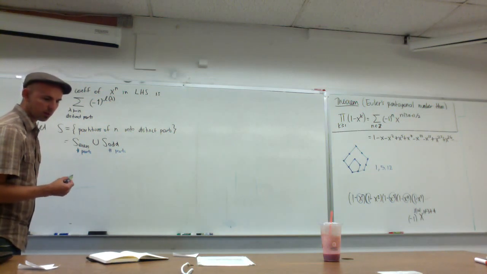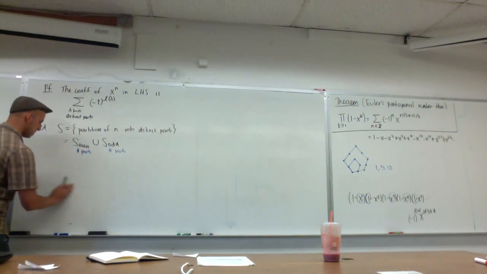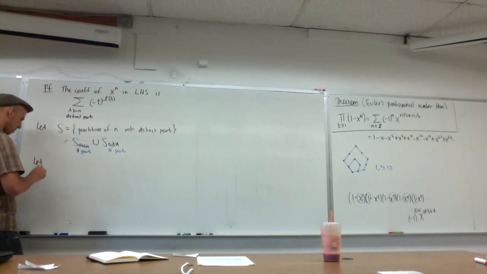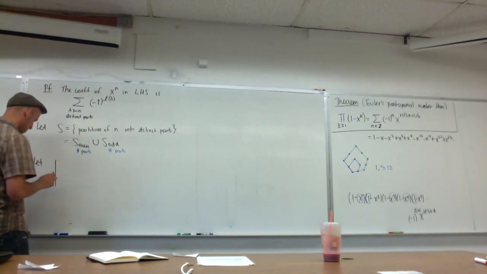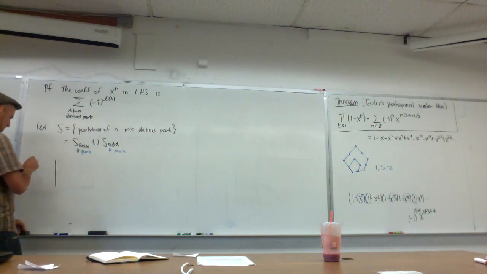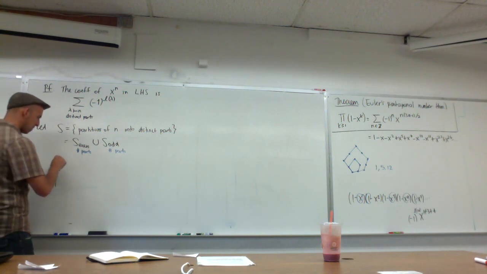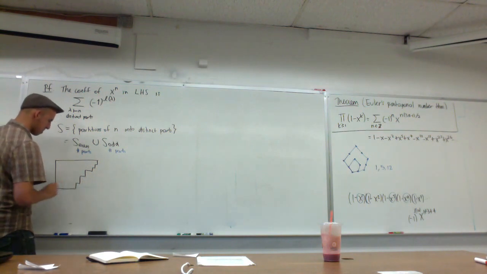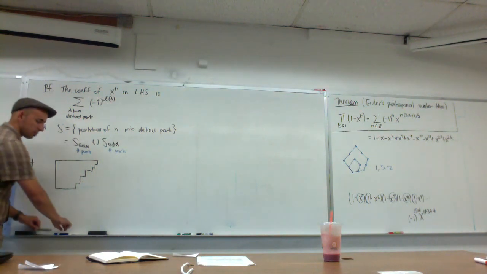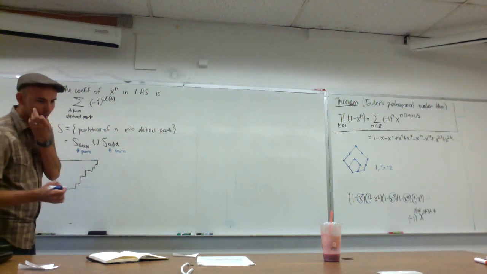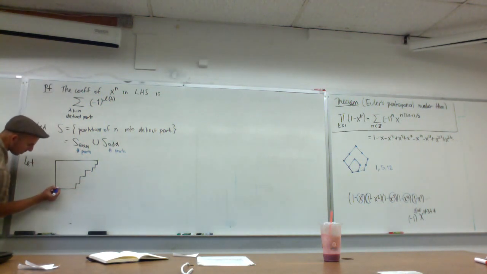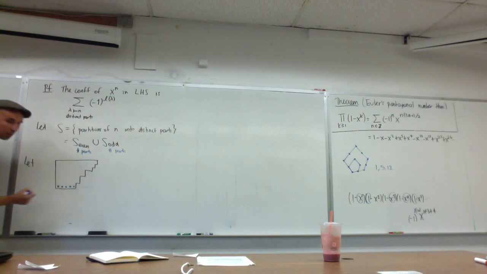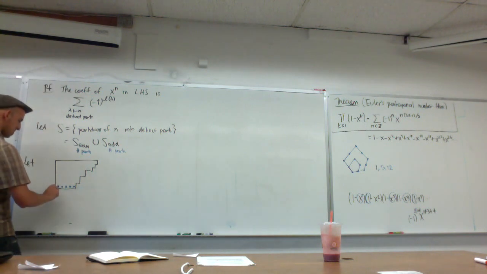And so what I'm going to do is the following thing. For any partition like this, I'm going to make two definitions. So I'm going to let the number of boxes that I have here, I'm going to call this E of lambda.